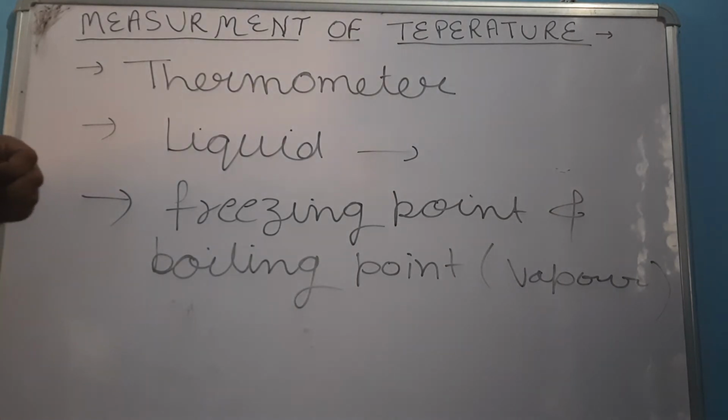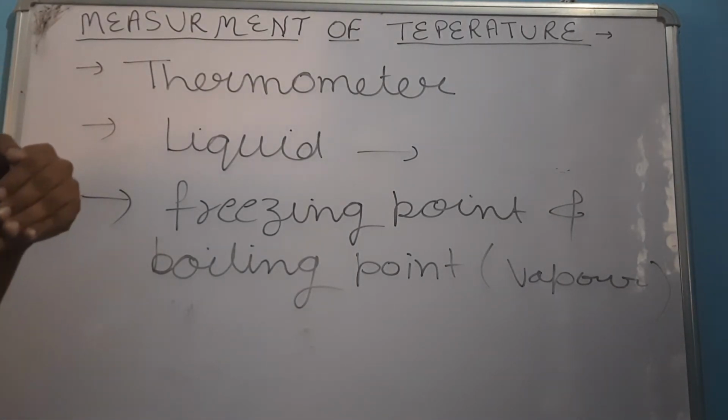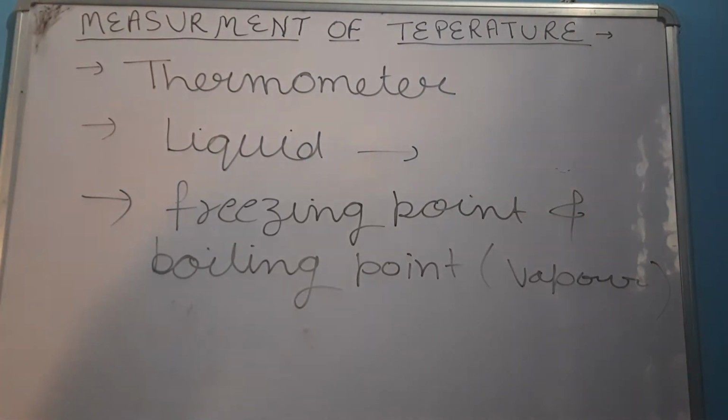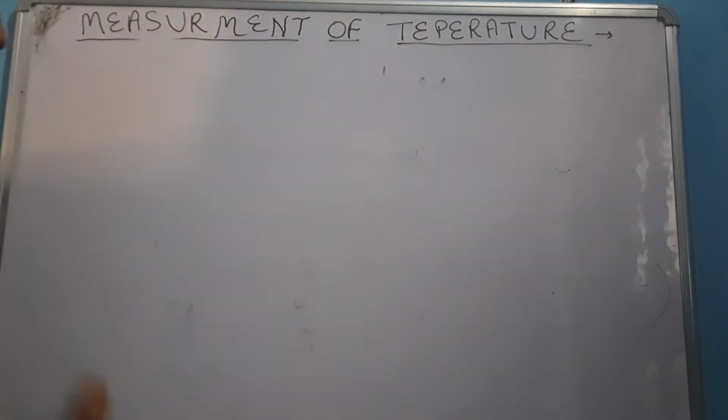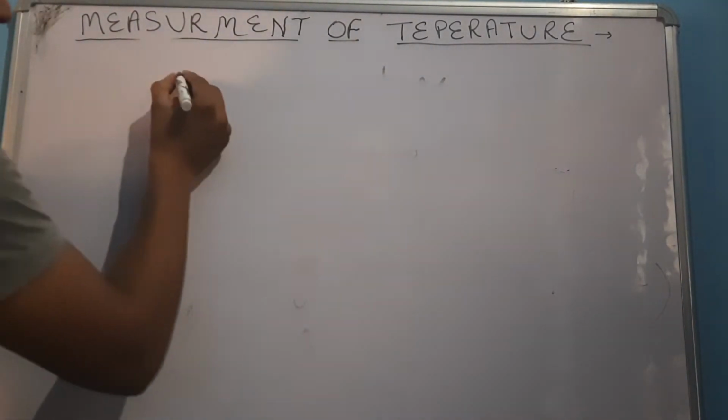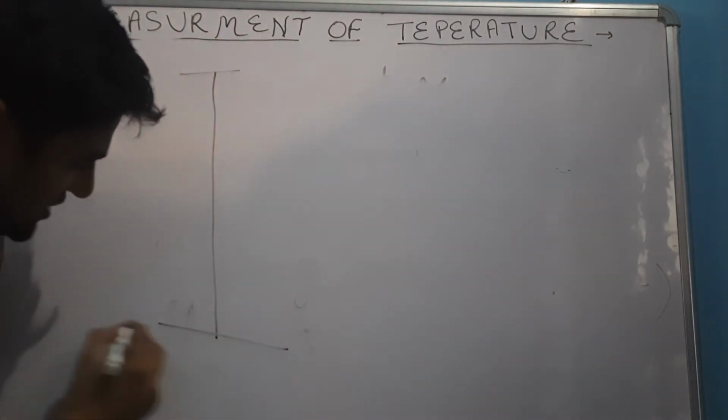We fix these two points and then divide this gap where we can assign or calibrate the values of temperature. We will understand it by an example. This is our freezing point.